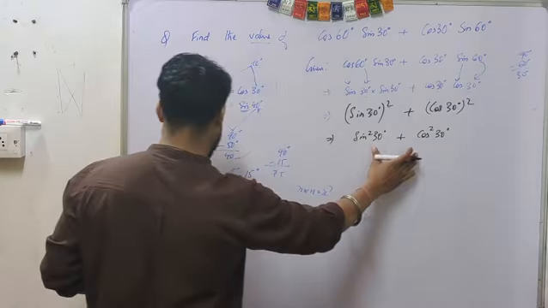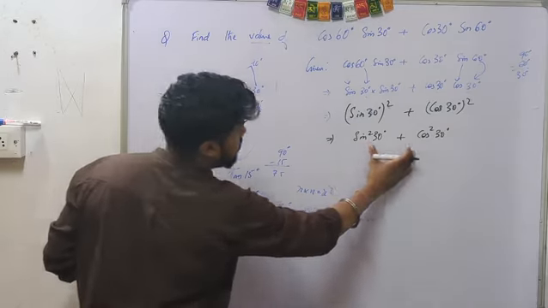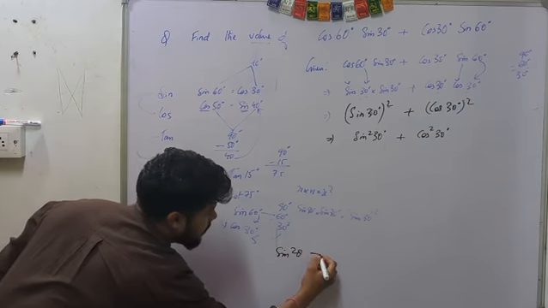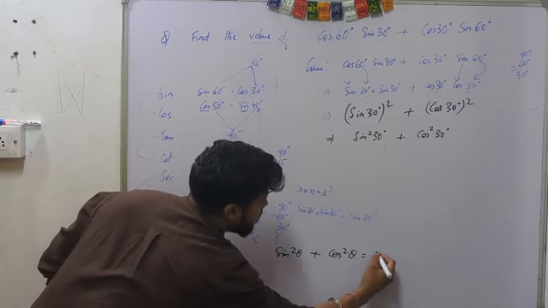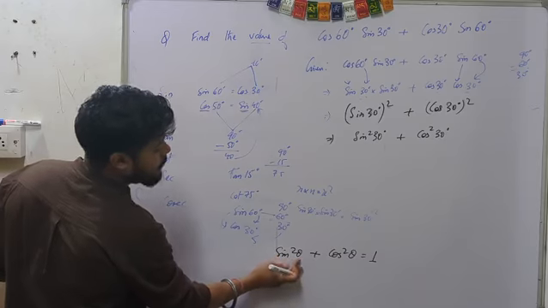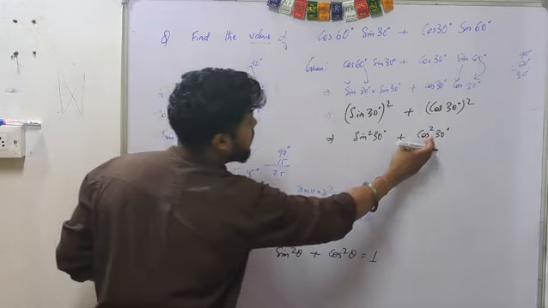And just now I told you before, we're trying to convert it into the expression sine square theta plus cos square theta, which is equivalent to 1. Hence you have sine square, in place of theta you have 30 degree, and cos square theta, in place of theta you have 30 degree.